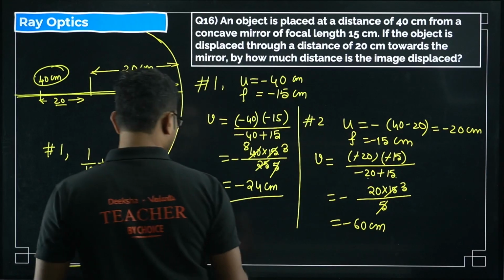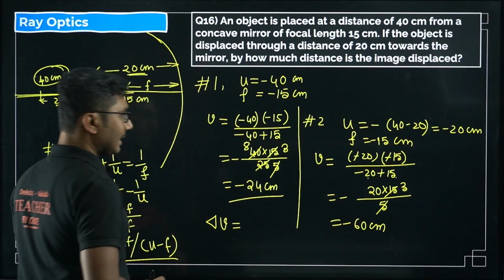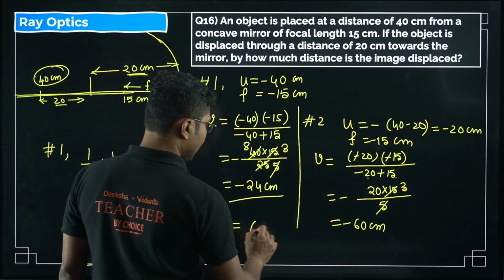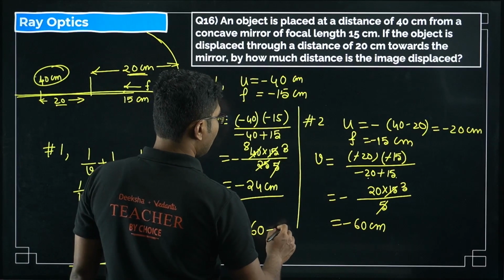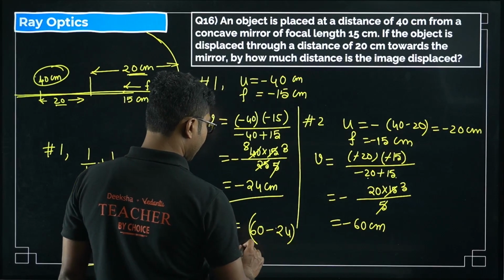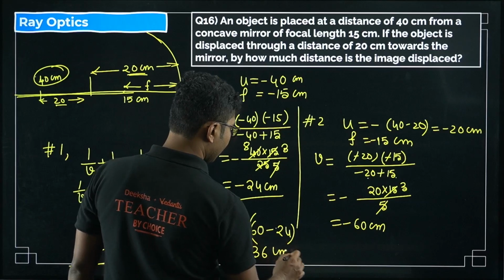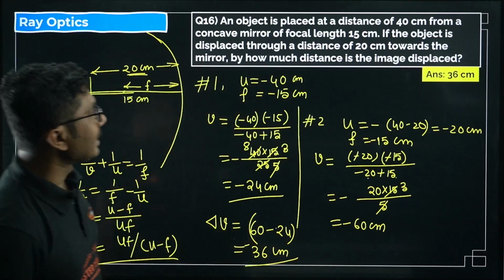So the displacement of the image is delta V, which is 60 minus 24. Sign is not important, we only need to find the displacement, which will be 36 centimeter. 36 centimeter is the answer.